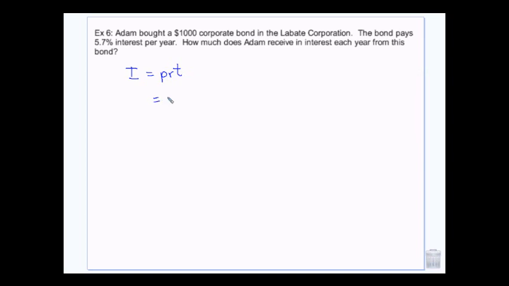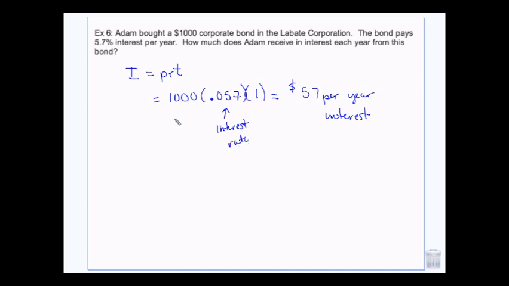We haven't really gone over that yet, but I take that $1,000 and I multiply it by my interest rate times my 1 year. And I'm going to get $57 per year in interest. What do you multiply by 1 year? The interest rate and then the face value.